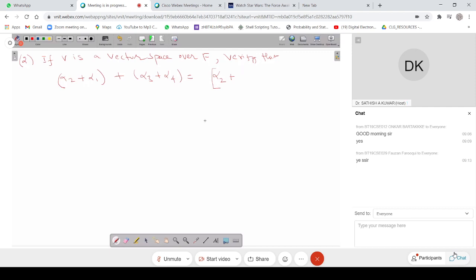It will be true, but the only thing is that we are just taking alpha 2 plus alpha 3 plus alpha 1 plus alpha 4, for all vectors alpha 1, alpha 2, alpha 3, alpha 4 in V. So you can just see what properties you can use.